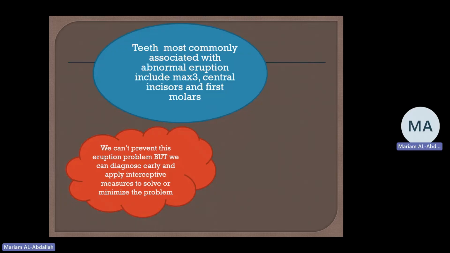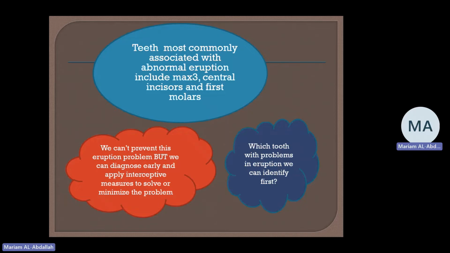Now, this problem, if it's going to happen, we cannot fully prevent it, but it's important to diagnose the problem early so that we can have proper interceptive measures in order to correct the path of eruption of the tooth, to fully correct the problem, or at least to reduce the severity of the impaction.